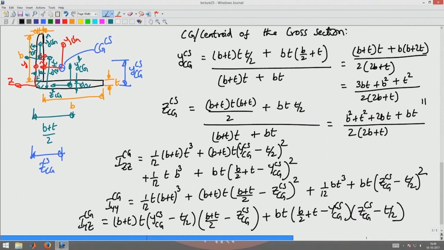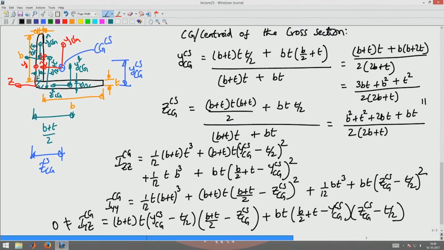Now, both the shifts are in the positive coordinate direction for the vertical member. So, this also remains positive. So, the shift terms are positive. So, you get I y z to be given by this expression in here for the equal angle section. Now, the point is I y z is not equal to 0, it has some finite value.